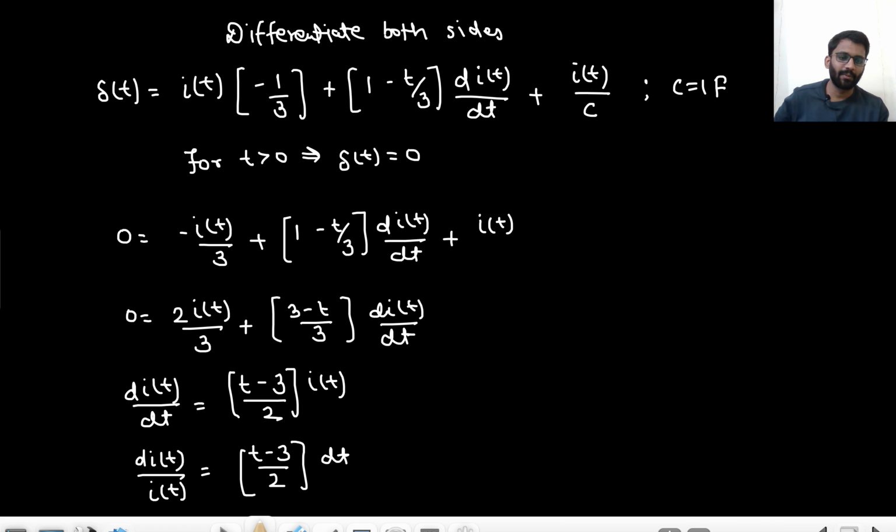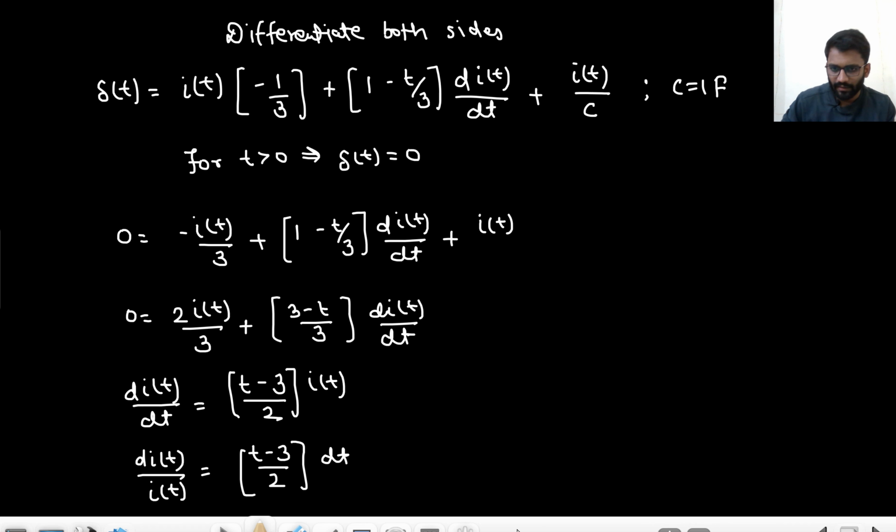Now you can integrate on both sides. Am I doing it right? I'm doing something wrong here. dI by dt, okay, something is wrong.